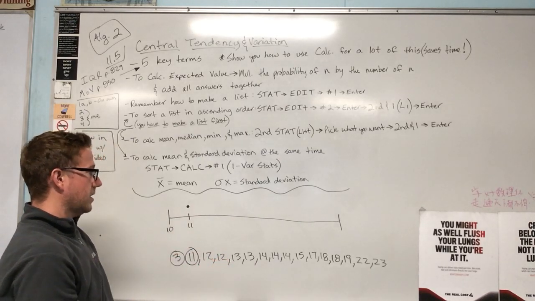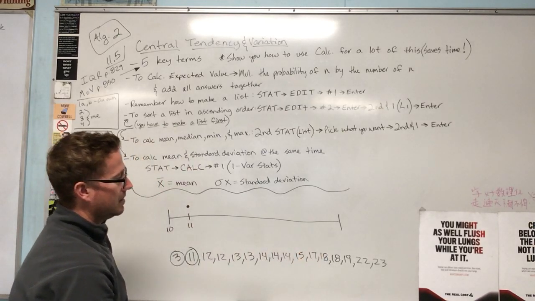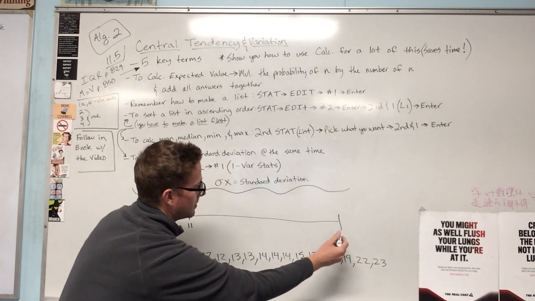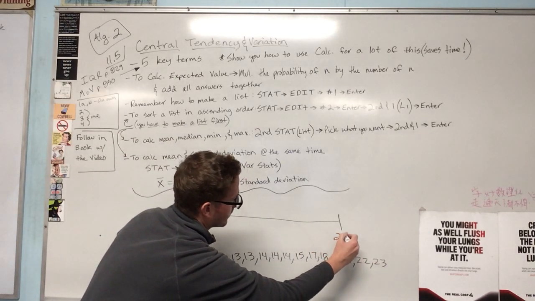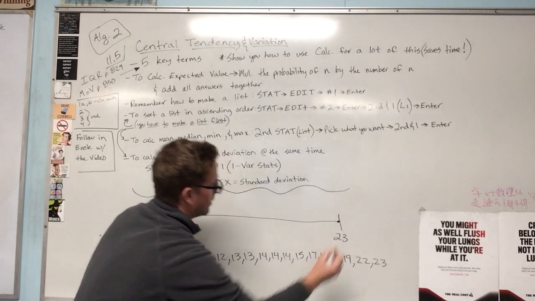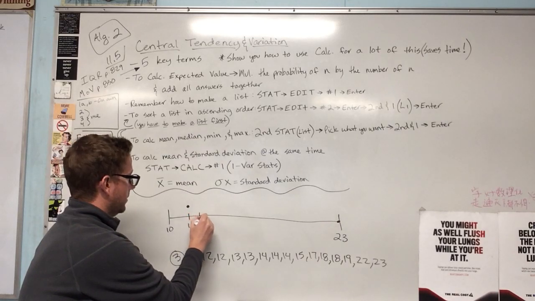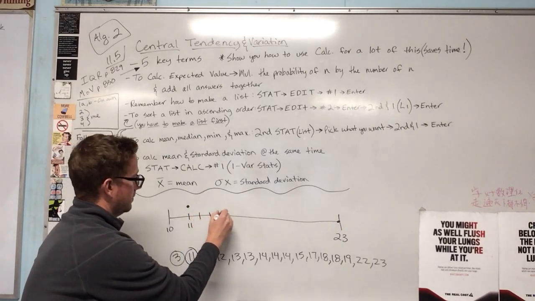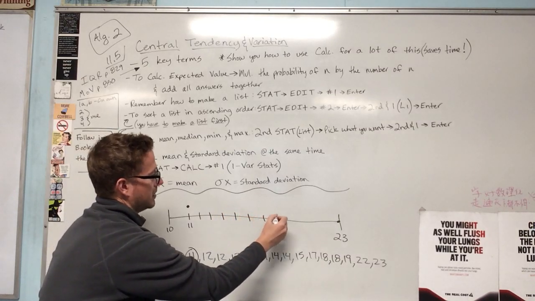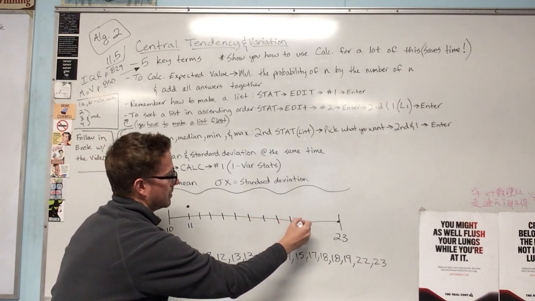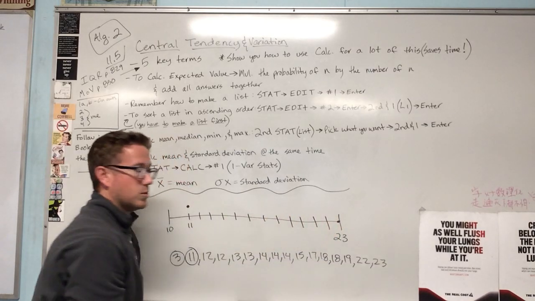All right? And we're going to have to go all the way over and have the biggest number in this case be, let's say, our 23. Right here. So if we fill them in, we have 11, let's go 12, 13, 14, 15, 16, 17, 18, 19, 20, 21, 22, and 23.